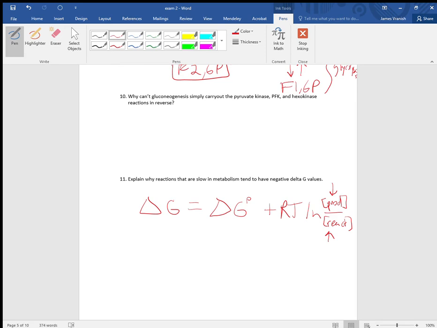So basically, since you have a smaller numerator and a big denominator, this fraction is going to be very, very small, all right, which means the natural log of a small fraction is going to end up being negative. All right, so this part over here is basically going to reduce delta G. That's what I wanted you guys to explain to me for number 11.